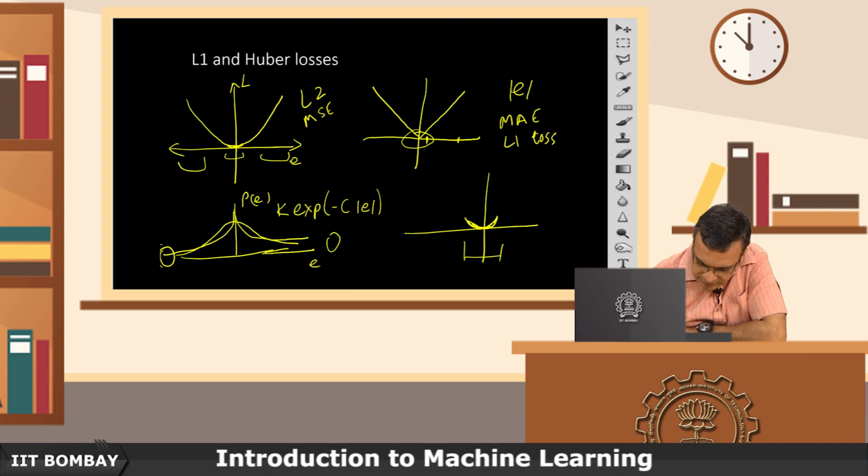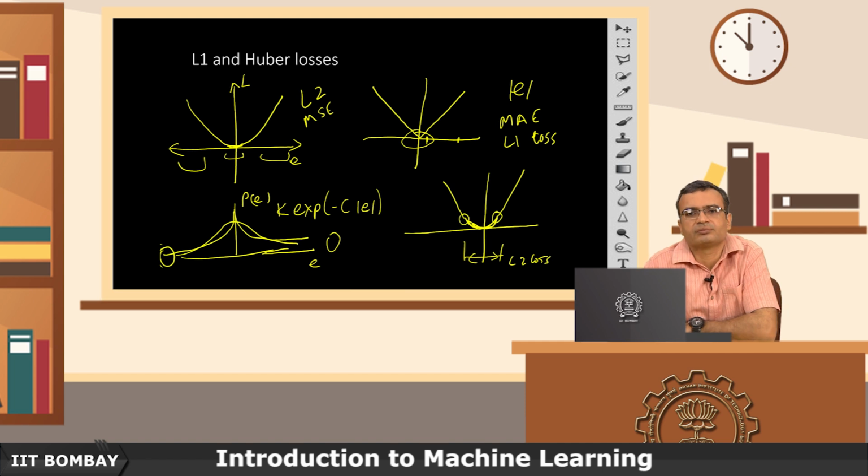In this range we will use L2 loss, and outside of that we are going to use L1 loss with a smooth connection here. You can easily work out what that smooth connection is. The size of the trough we will call delta. So this is up to plus delta and from minus delta.